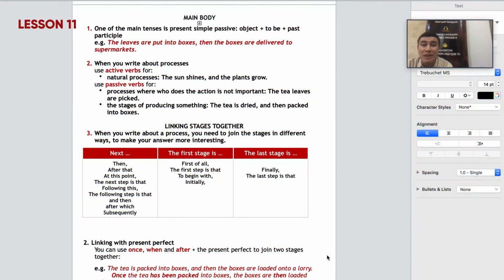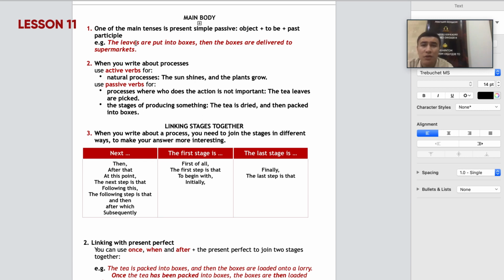I hope the step-by-step guide to writing an introduction and an overview was clear to you guys. And now we'll move to the next component of your report, which is the main body. You should understand that one of the main tenses used in your main body is present simple passive. The formula is very simple: object plus to be plus past participle.